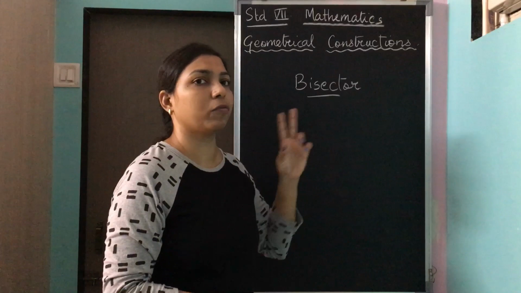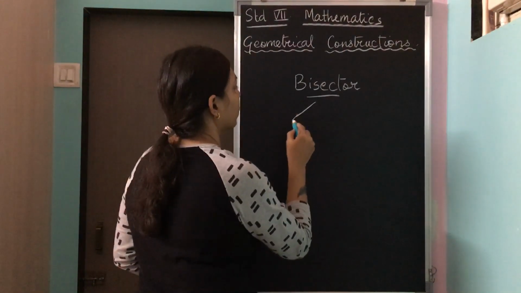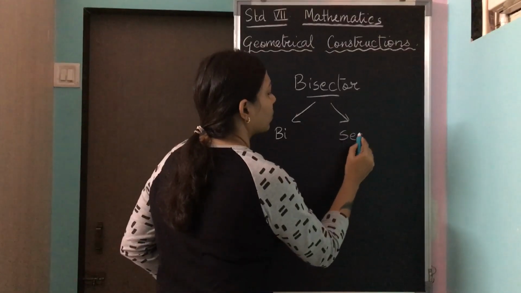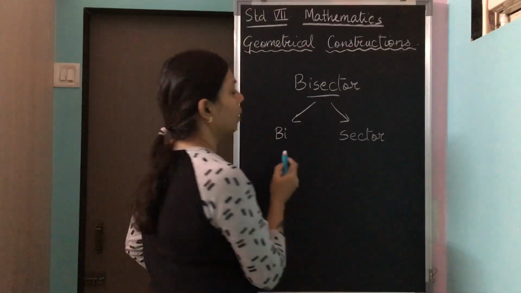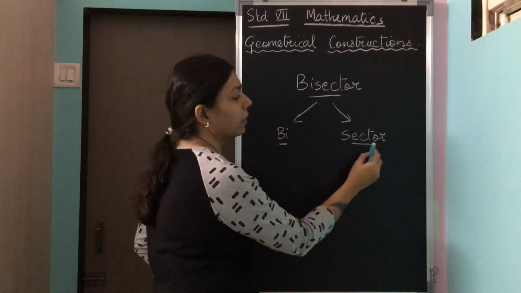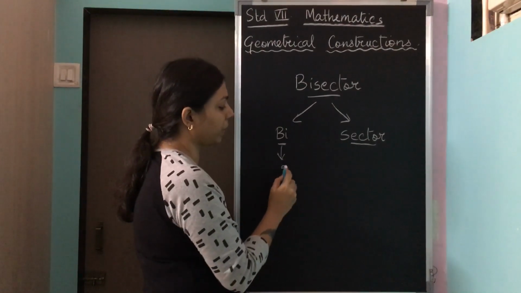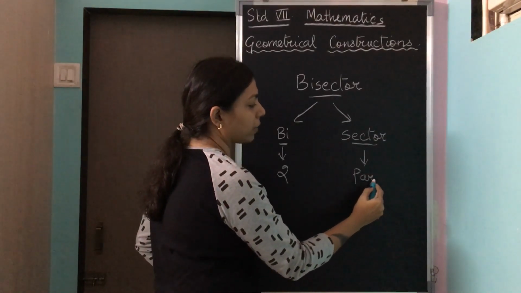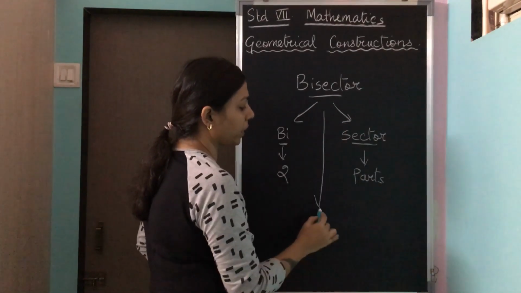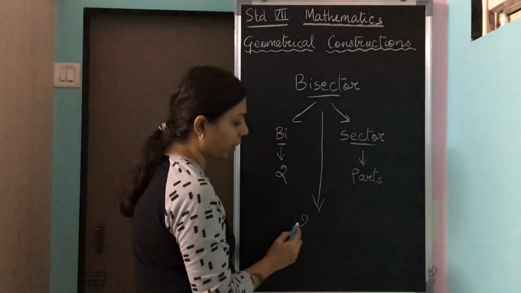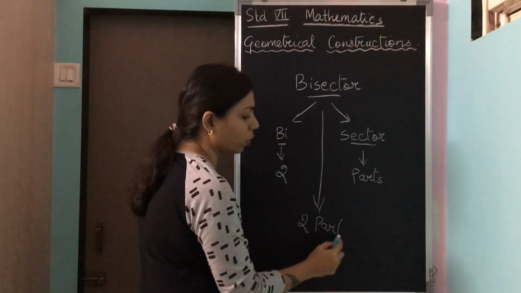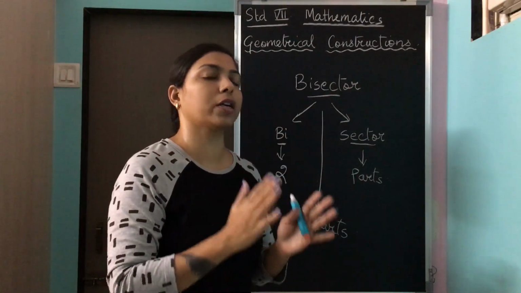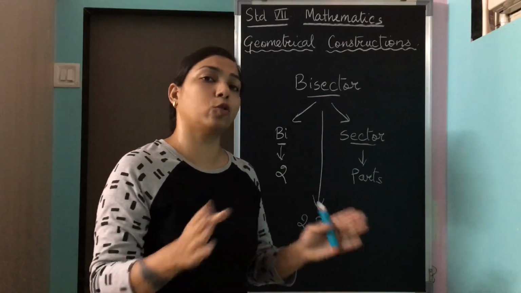Bisector is made up of two parts: bi and sector. Bi means two and sector means parts. So bisector means two parts. It means you're dividing your geometrical figure into two parts.